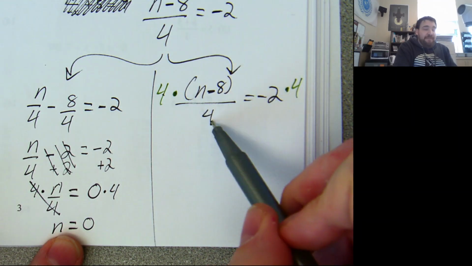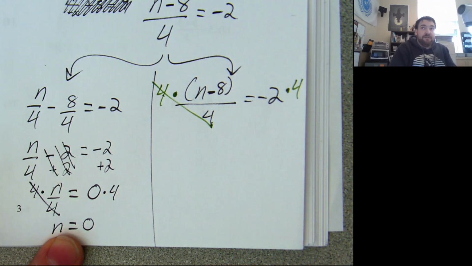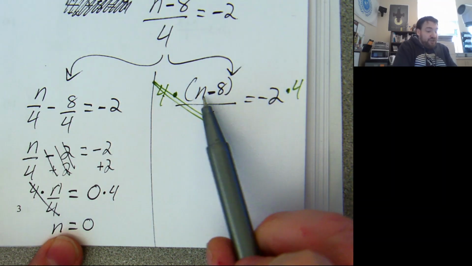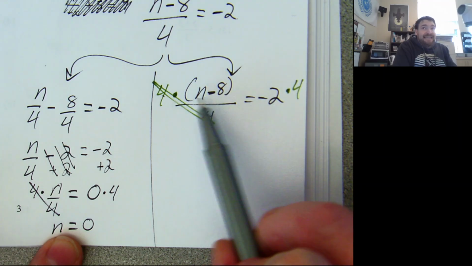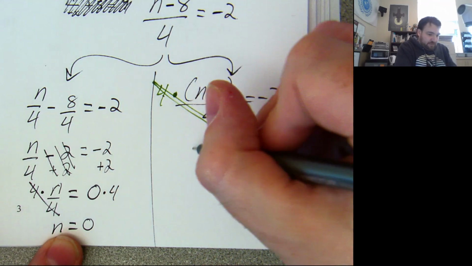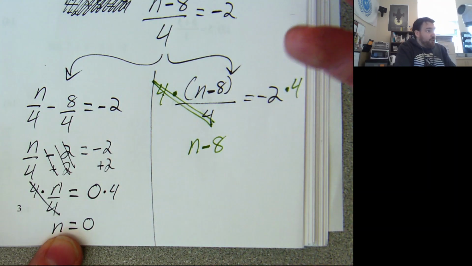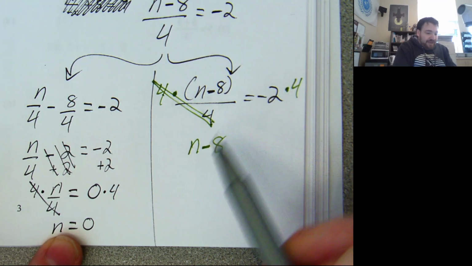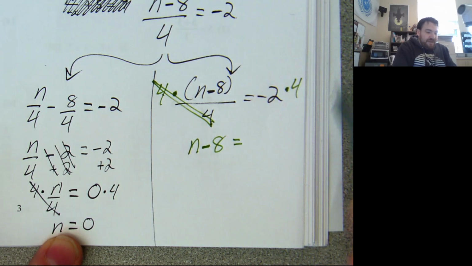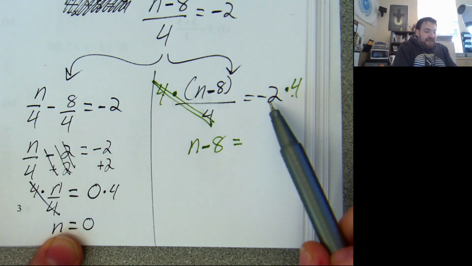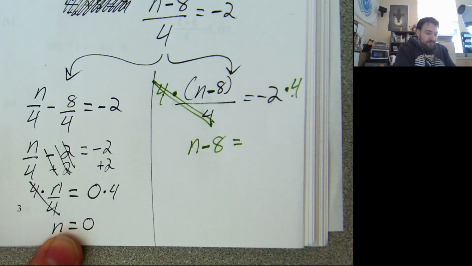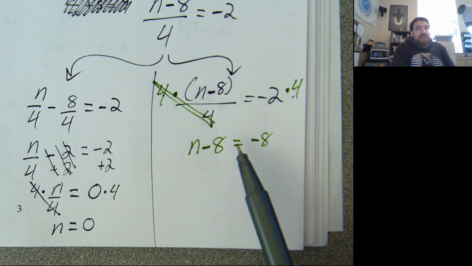Multiplying and dividing by 4 means these are going to cancel, and I'm going to be left with just this n minus 8 here. Because that's all I have left, I can now drop those brackets. So I'm going to get n minus 8 equals negative 2 times 4, which is negative 8. And so now I've got n minus 8 equals negative 8.